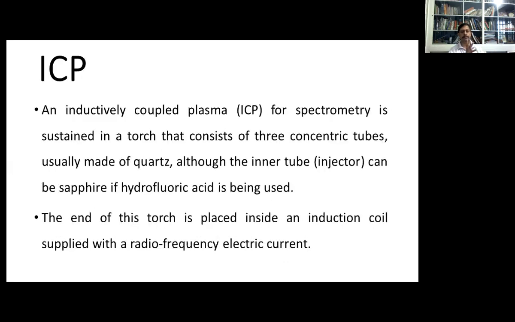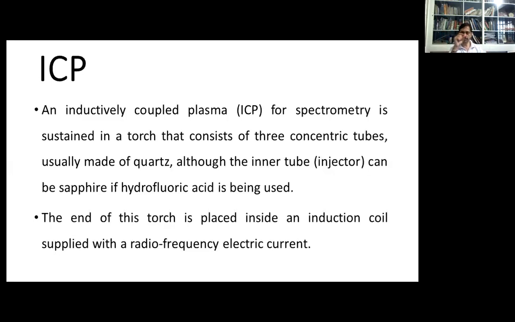An inductively coupled plasma or ICP for spectrometry is sustained in a torch that consists of 3 concentric tubes. I will describe this later while explaining ICP-MS. So there will be a torch which has 3 concentric tubes, and these tubes are usually made up of quartz.